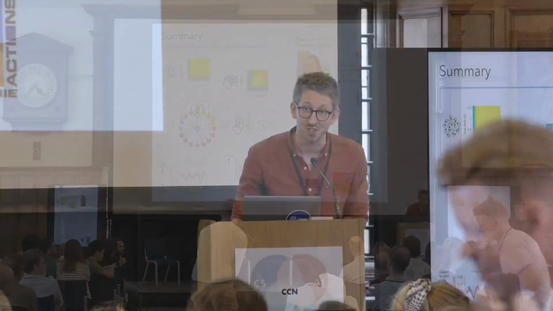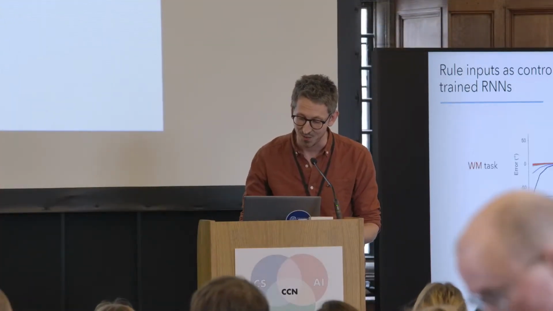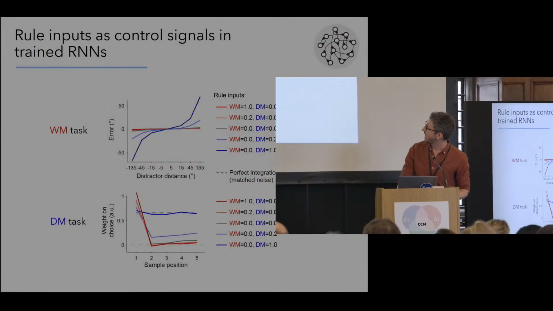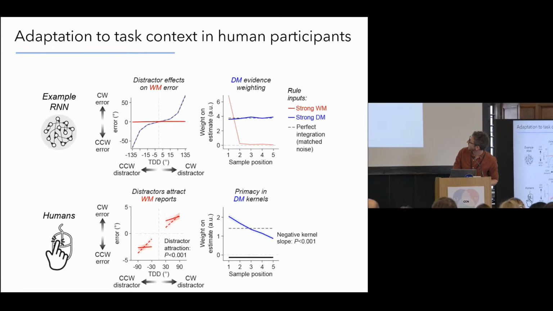Yeah, thanks for the question. I'm glad you asked. So there's a couple of things going on here. We find that in the humans, to answer your first question, there is not a flat kernel. There's some degree of primacy in the kernels. Interestingly, also, if we look at the reports in the working memory task of the humans, there's a slight attraction bias toward distractors, okay?